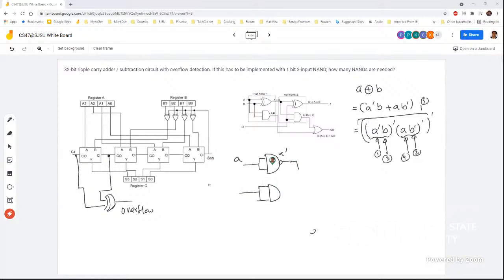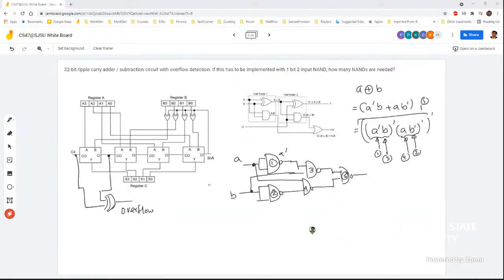This is number 1, and this one would be number 2, B bar, and then this will be number 3, and this will be number 4, and then NAND, this will be number 5.